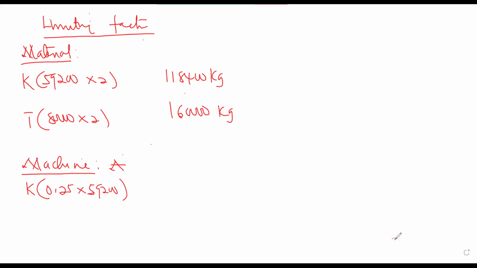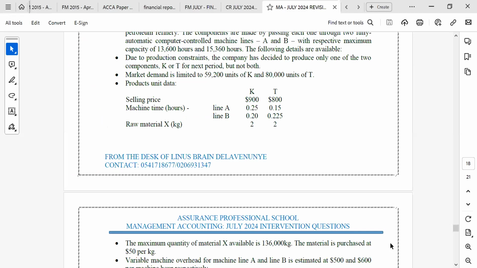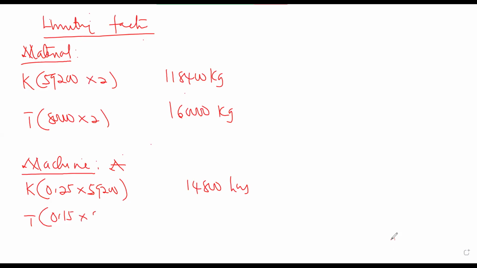So I'm having 14,800 hours. Let's come to product T. That will be 0.15 multiplied by 80,000.